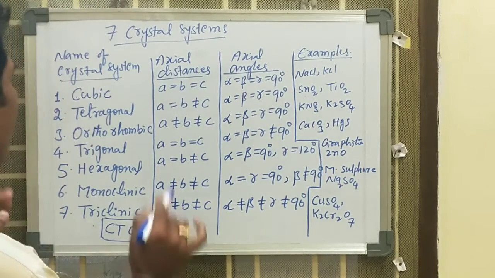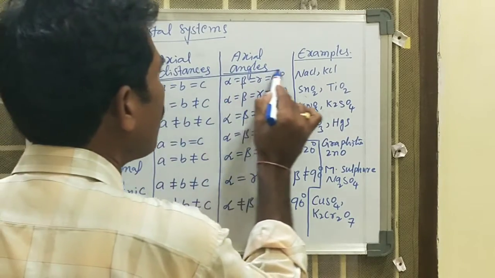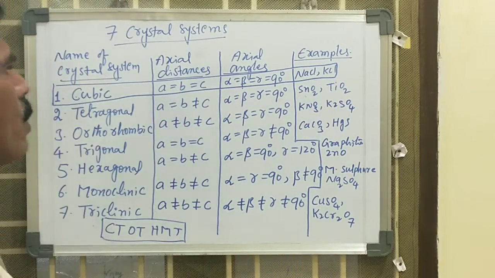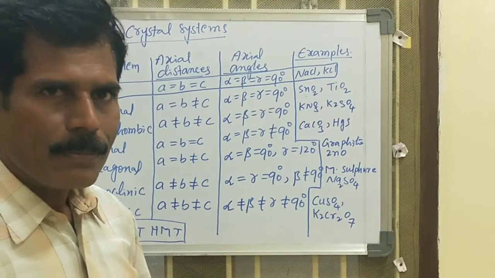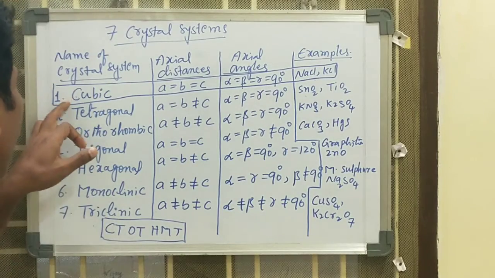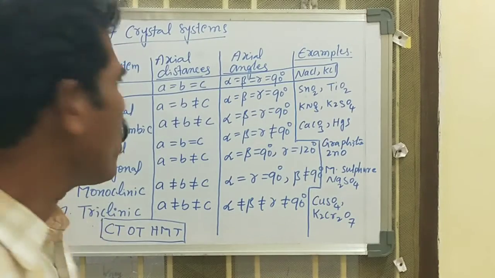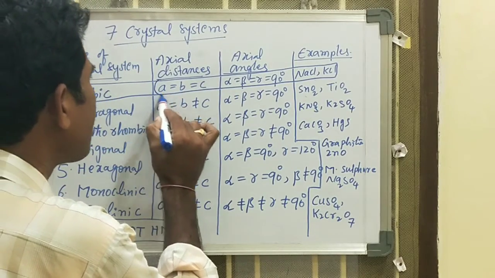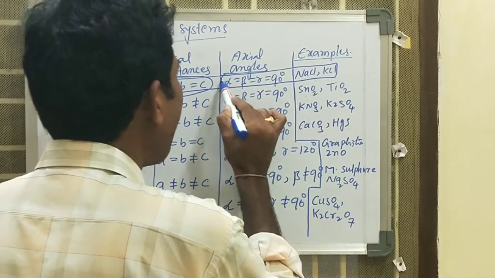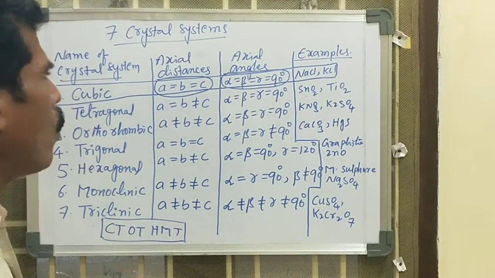Next, see that here you all observe the cubic crystalline system is the most symmetrical system. Okay, the cubic crystal system is symmetrical because the three axial distances are same or equal and three axial angles are equal to 90 degrees. So this is very, very important.